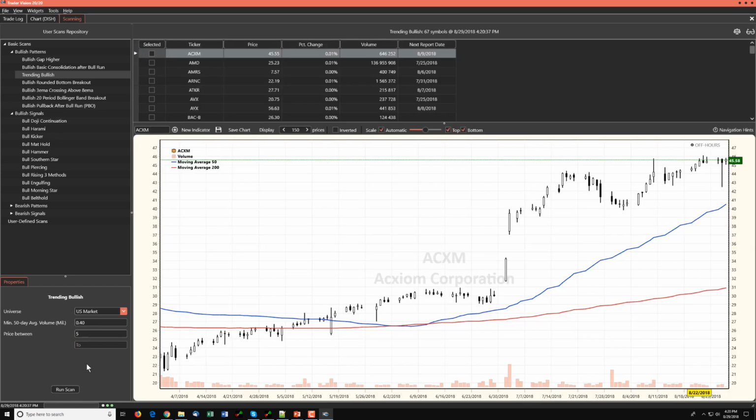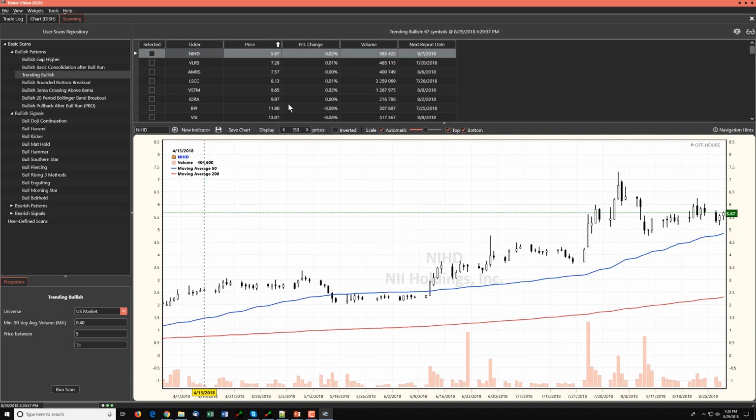You click run the scan, and bang, it has come up with the results. In this case, it's found 67 symbols that meet this scan's criteria with this liquidity in place out of that universe. And you can sort these scans however you like by any of the columns.